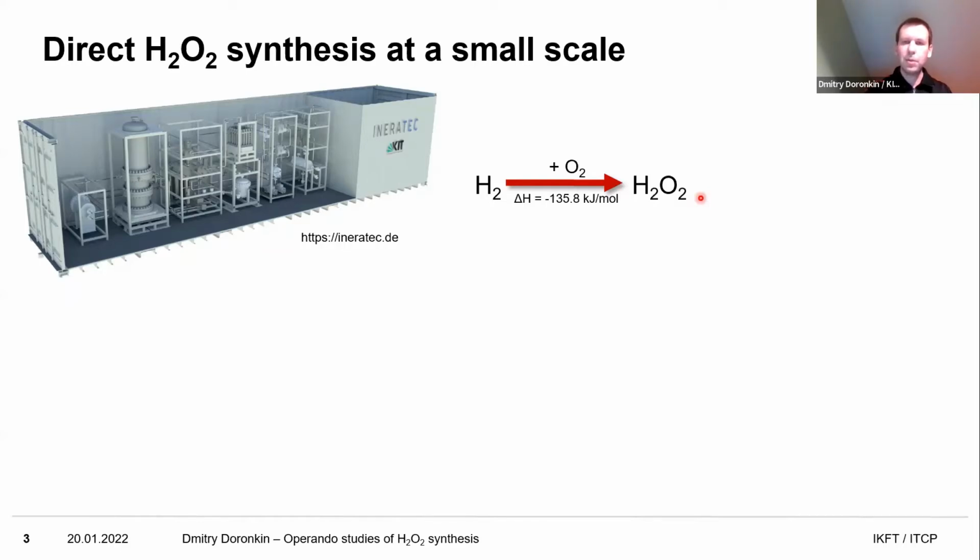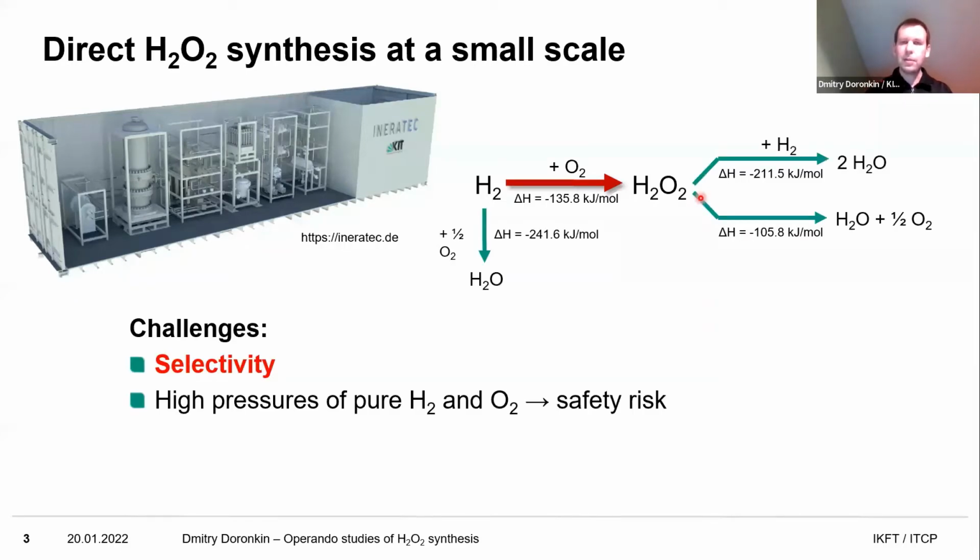Now there are two problems with that. First, when we are talking about dissolving hydrogen and oxygen in liquids, we need high pressures, so high partial pressure, to get a high concentration of dissolved gas in a liquid. And second, hydrogen peroxide is an intermediate product, and the final product in the chain of transformations is water, inevitably.